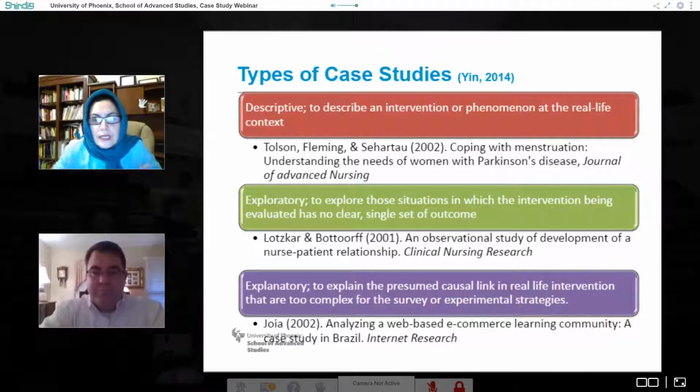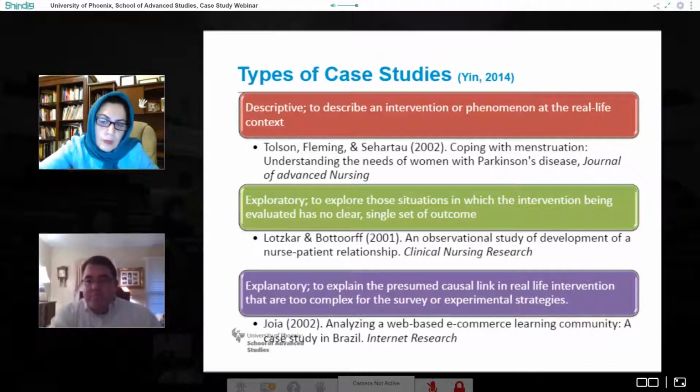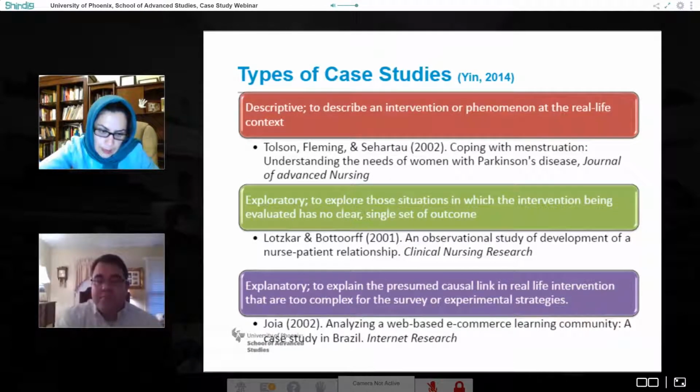So you see, it's like a causal link. It's not a clear-cut cause and effect as in an experiment, and it's in a real context. So the researcher used an explanatory case study. So that's one example for that study.